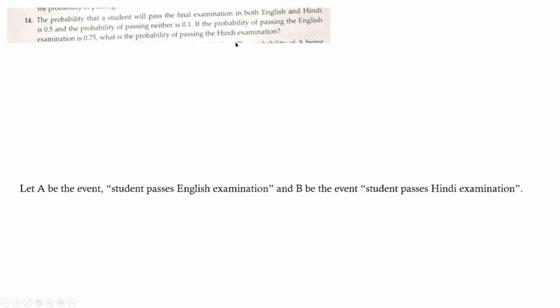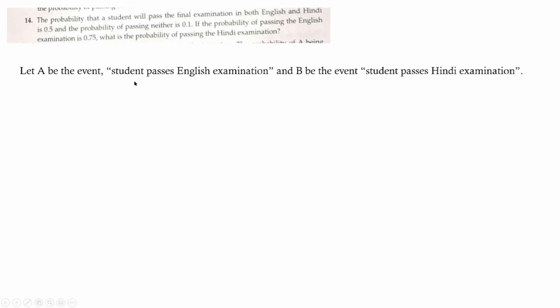So here if we take, let A be the event student passes English examination and B be the event student passes Hindi examination. P of A intersection B is given. So it will pass in both English and Hindi, it is 0.5. So P of A intersection B is 0.5.